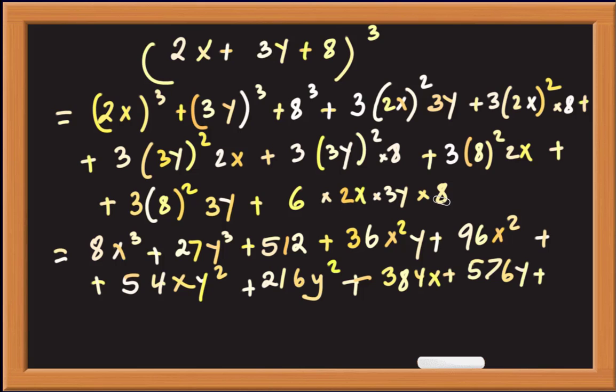This is the one that is going to get us 288 xy. We can leave it in that format, or we can rearrange. It's all the same thing.